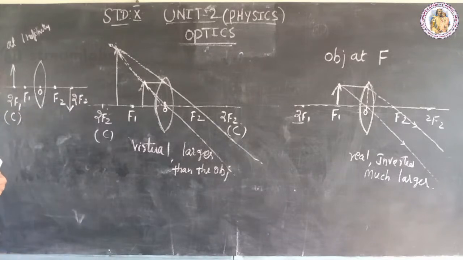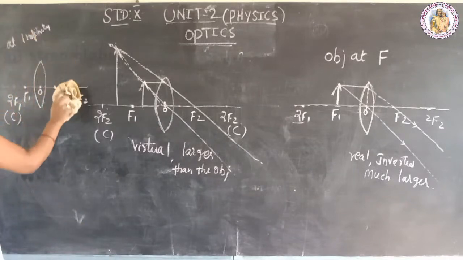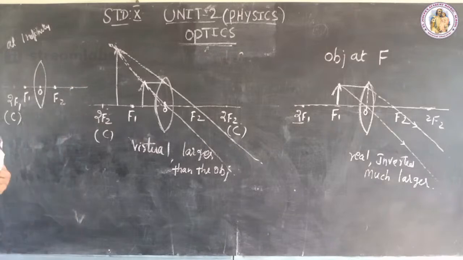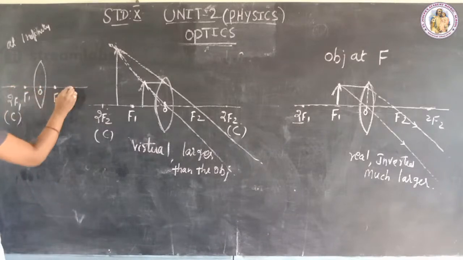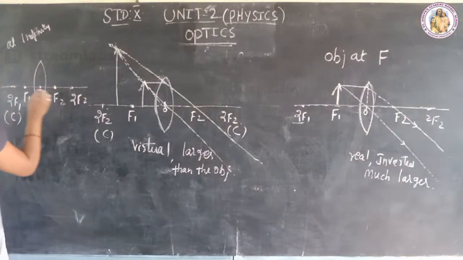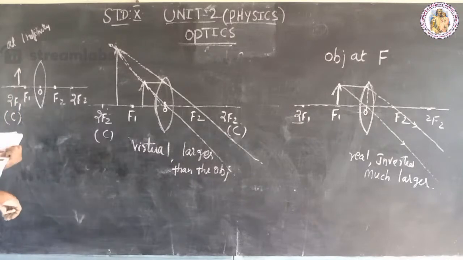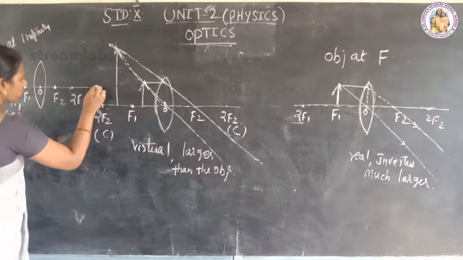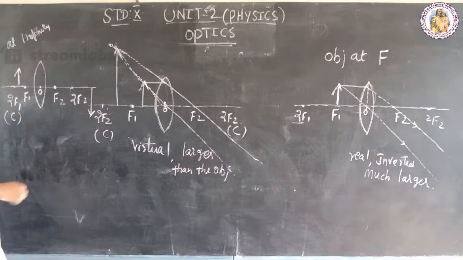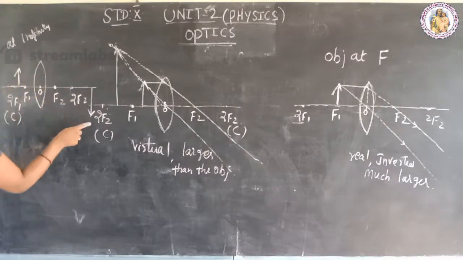The next time, I kept the object in between the principal focus and the center of curvature. Here the image forms beyond 2F2, and the size of the image is bigger than the object.